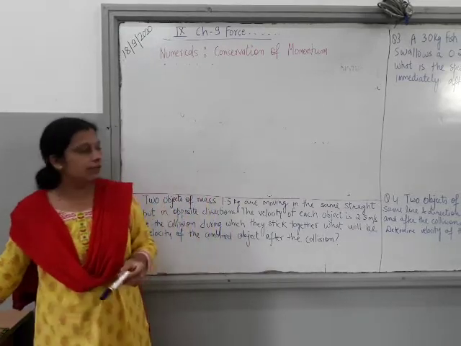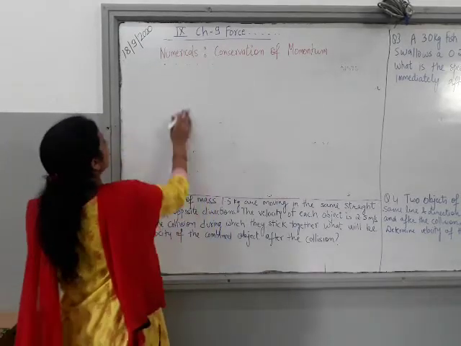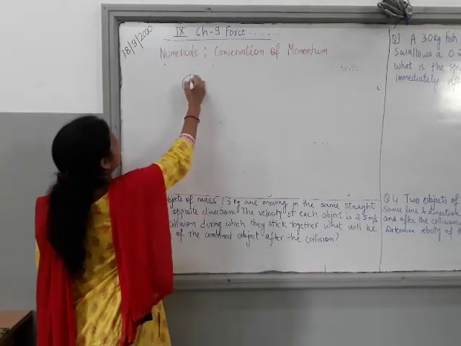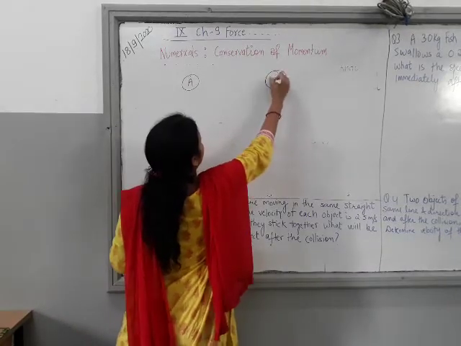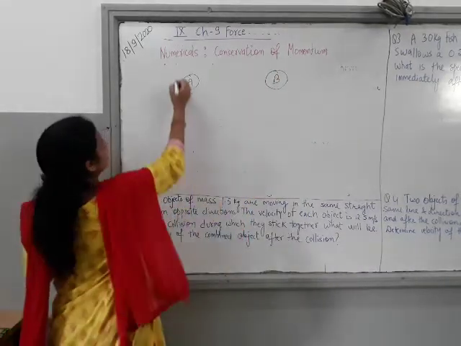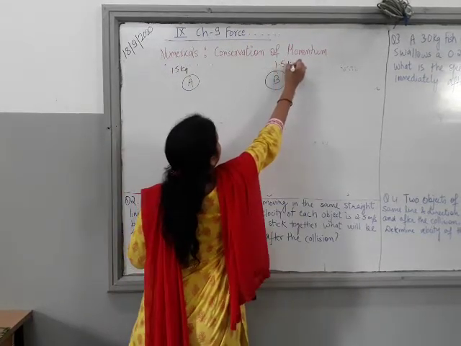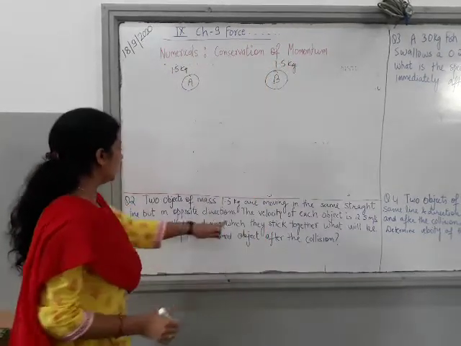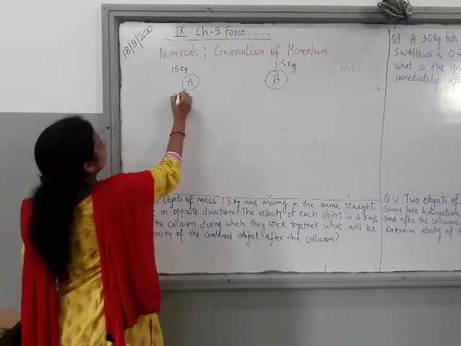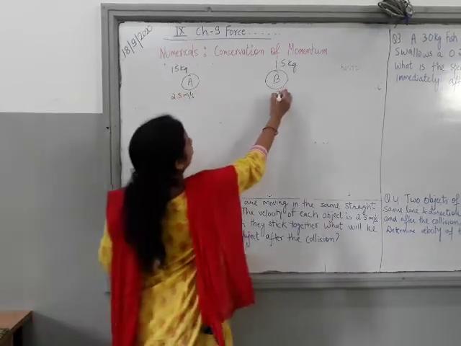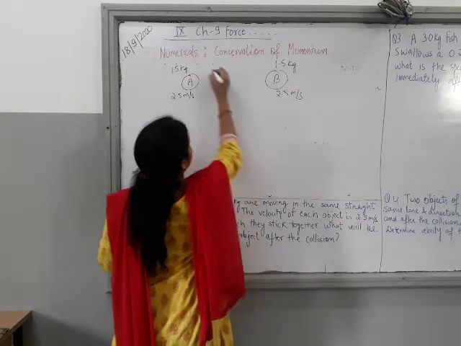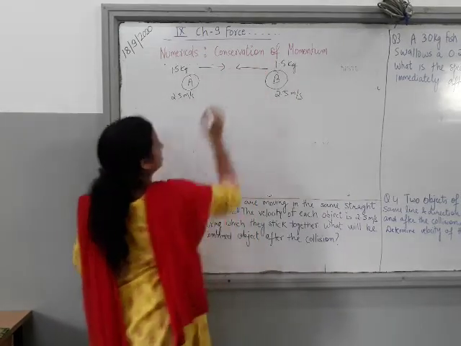So first thing, we will draw a diagram of two objects. Let's say this is your A and this is your B. Masses are the same, 1.5 kg, 1.5 kg, and both are moving with the same speed, 2.5 meters per second, 2.5 meters per second, but in opposite directions.